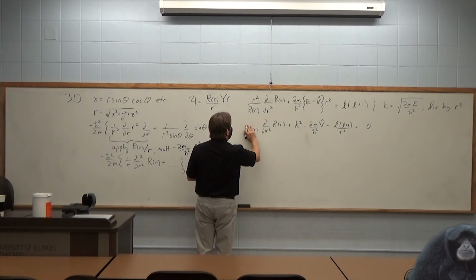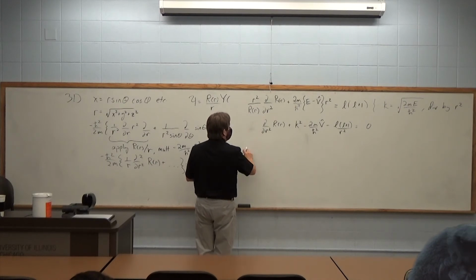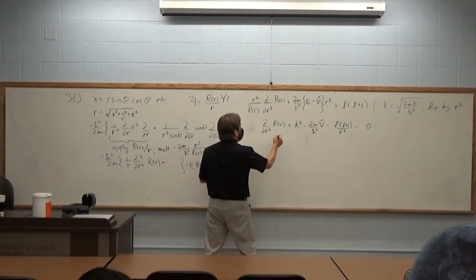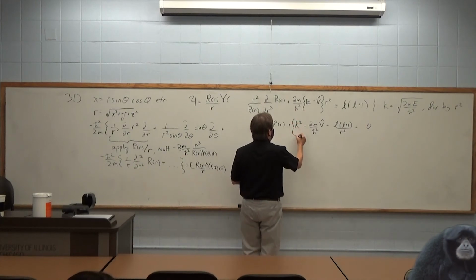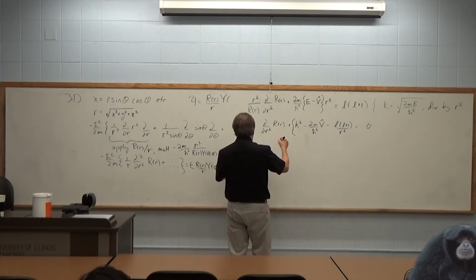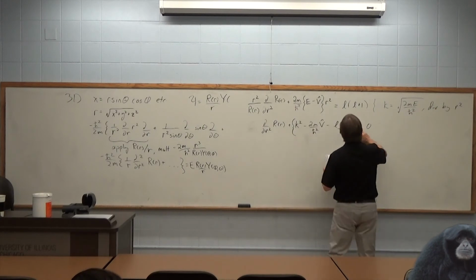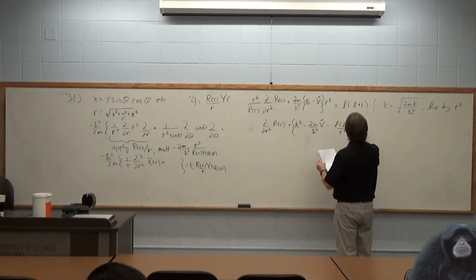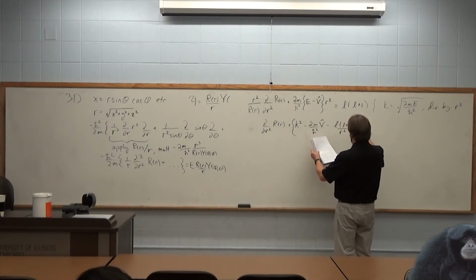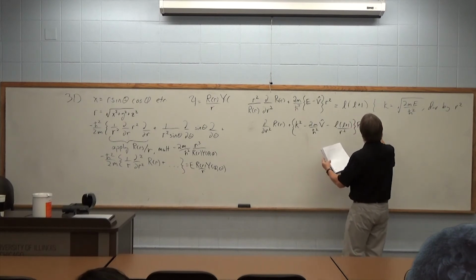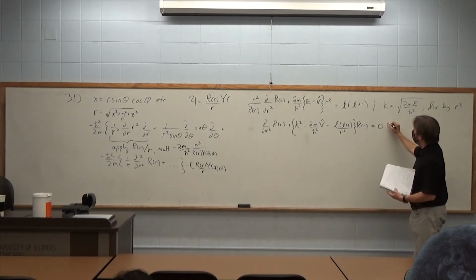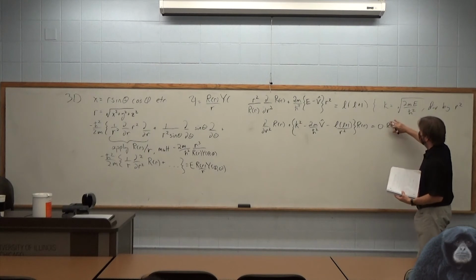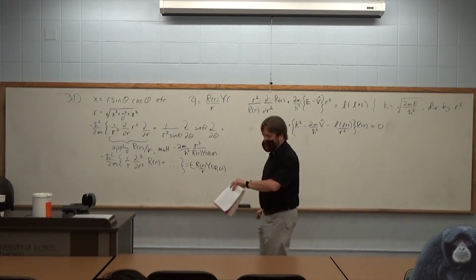All right, one reason you do this is to get this in a differential equation form that's solvable. Now 0 times R of R is still 0. Right, so that doesn't do it. Okay, so there you go.